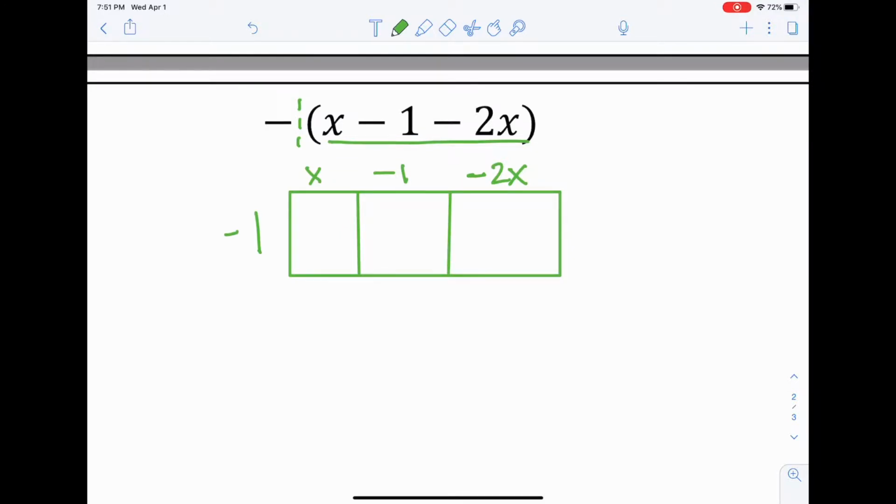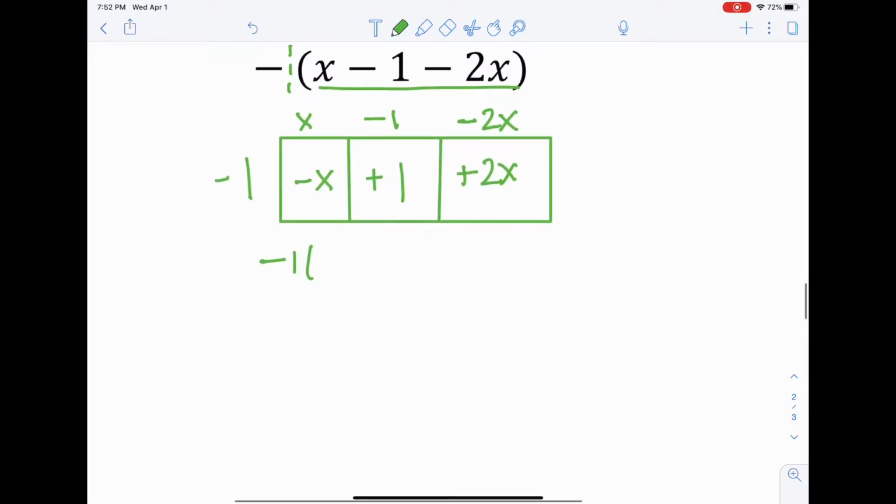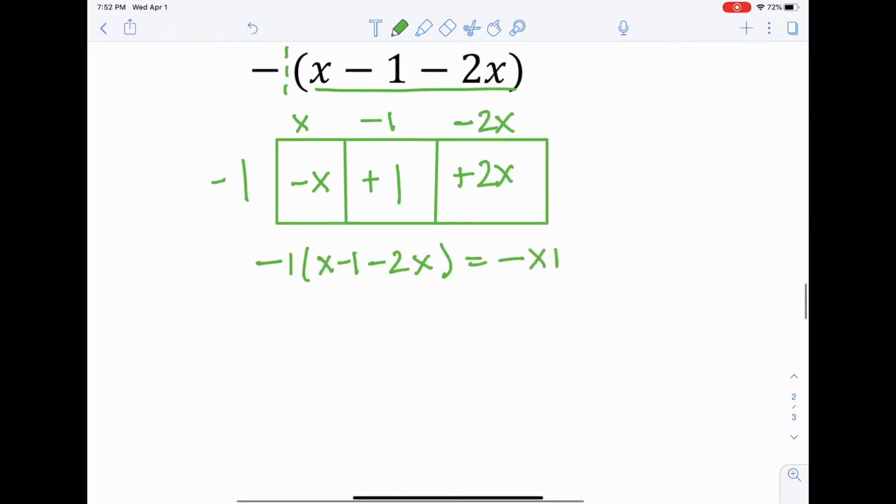So -1 times x is -x. Negative times a negative is positive. So -1 times -1 is 1. -1 times -2x is positive 2x. So my final answer would be -1 times x minus 1 minus 2x equals -x plus 1 plus 2x.